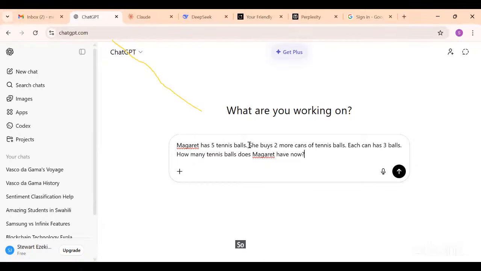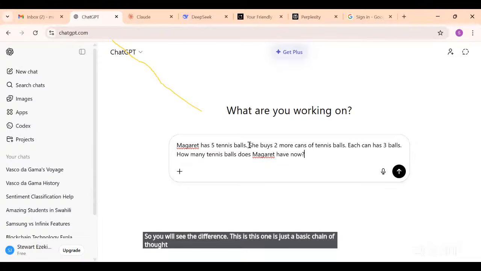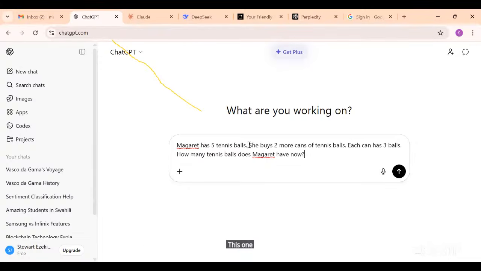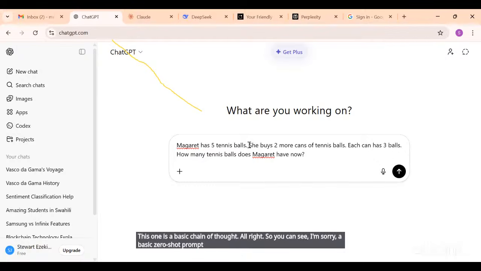All right. So I want you to look at something like this, so you will see the difference. Please, I really want you to understand something. This one is just a basic zero-shot prompting.